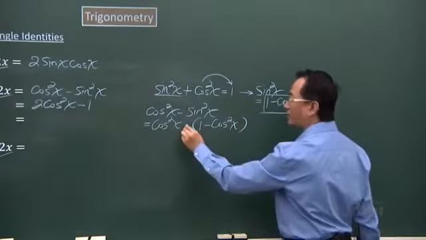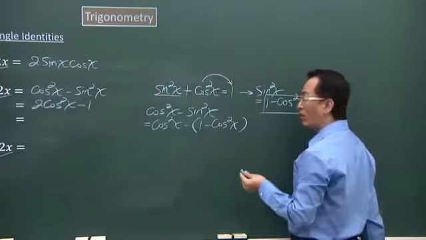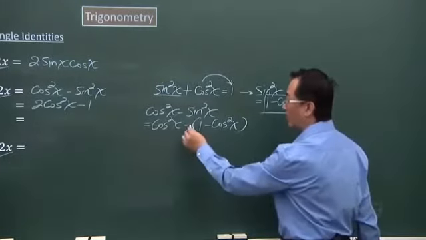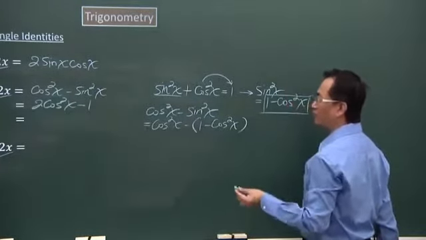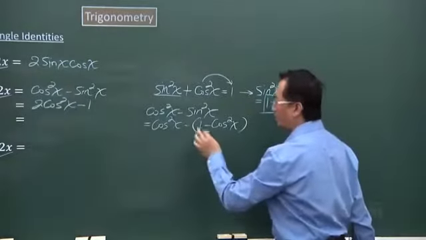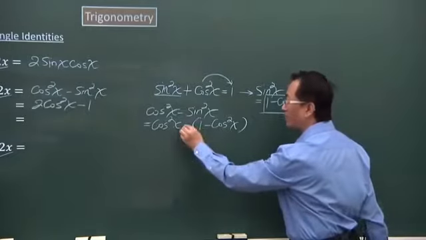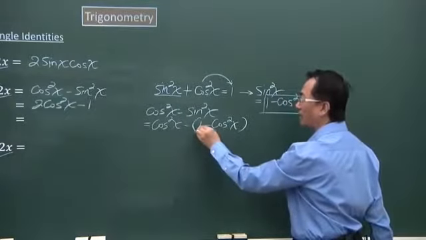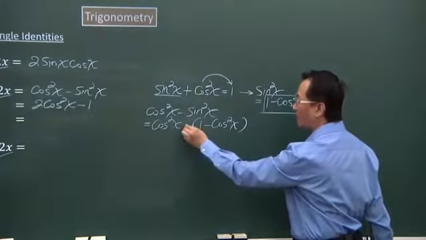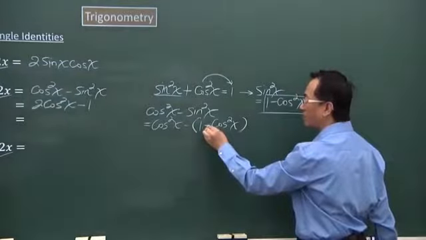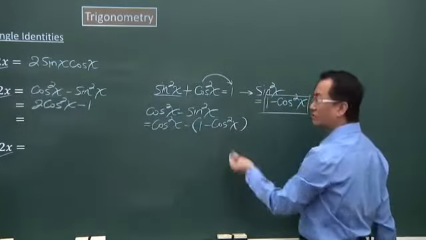Now, using the distributive law of multiplication, you have negative 1 multiplied to 1, negative 1 multiplied to negative cos squared x.